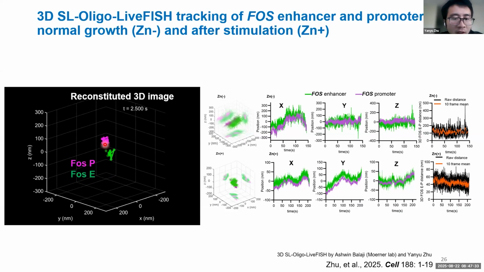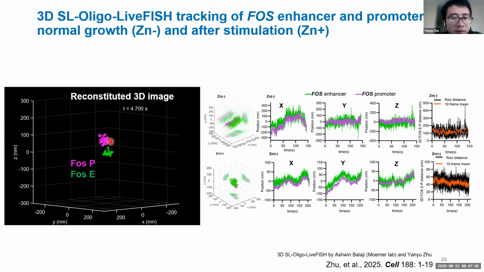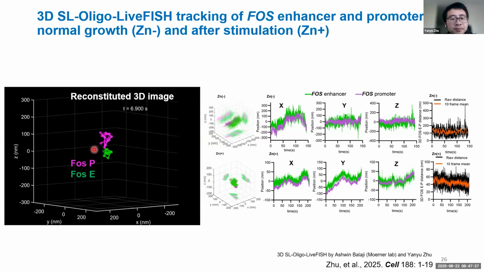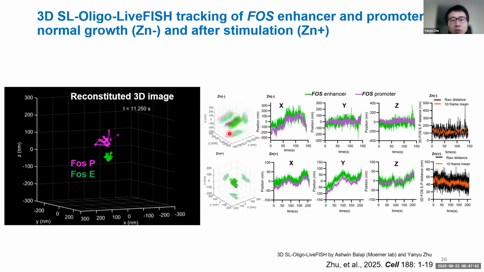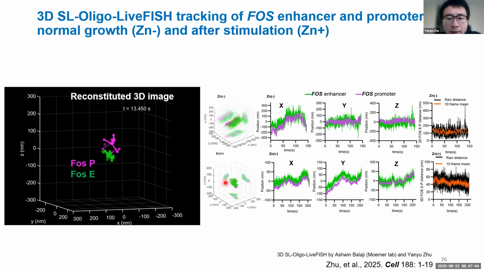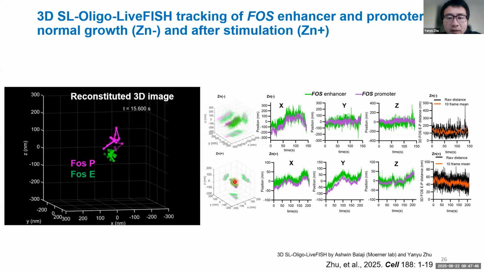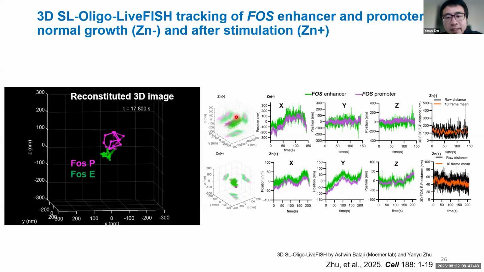Here is a representative trajectory of the promoter and enhancer in 3D. As you can see, when the gene is transcribed, is on, their trajectory is more compact compared to without zinc.